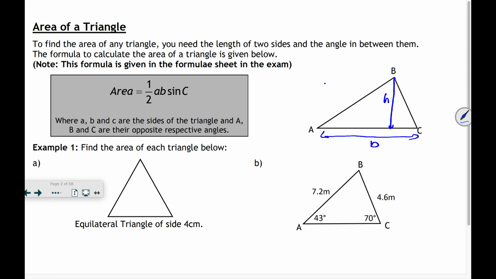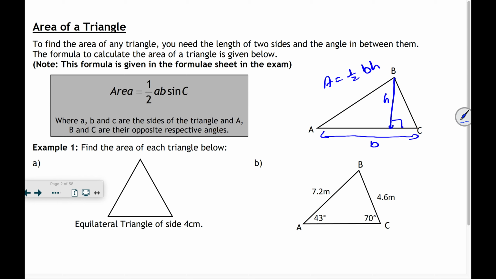And obviously you've known it's half of the surrounding rectangle, so it's going to be a half base times height. But now we're not always going to know what the perpendicular height is. This time all we know is the sides of the triangle and then the angle in between those sides.